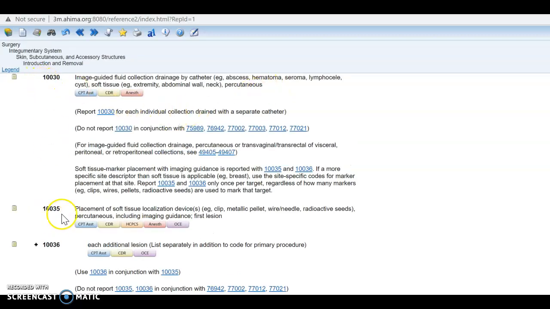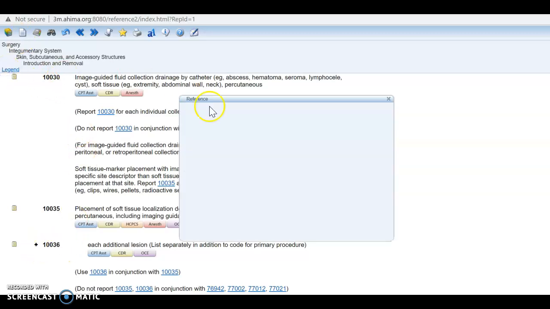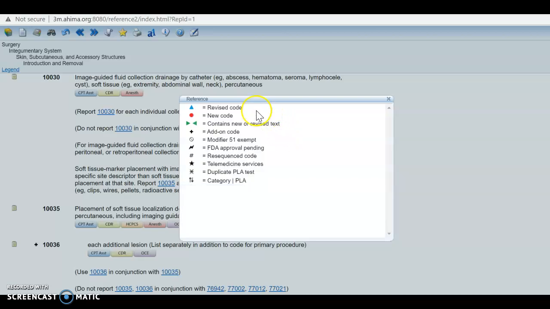So here we have the code number. See here I talked about add-on codes and we'll talk about that. So if I look at this legend, we have revise. These are different things. See here it tells us add-on code. It gives us all what we just had on that last assignment. So all I did was hit with legend.